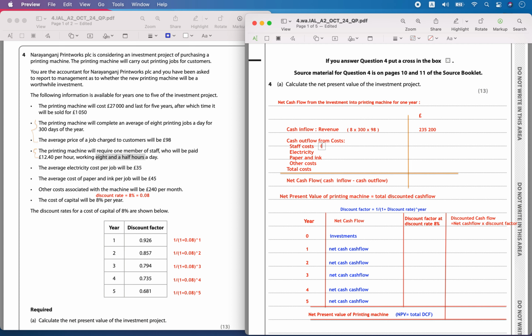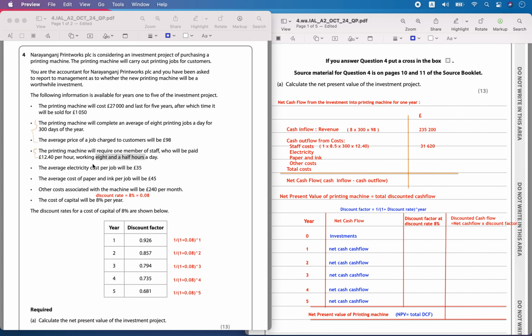So this will be the staff wage cost: 8.5 times 12.4 times 300, which is equal to 31,620.